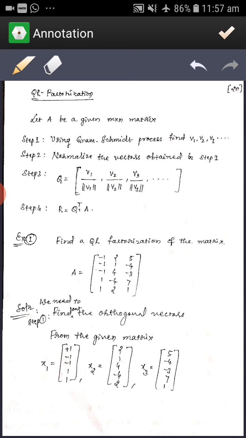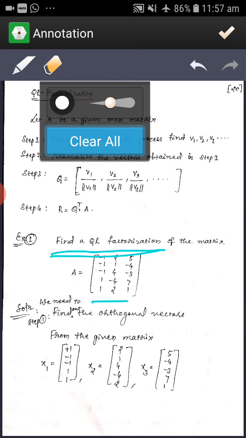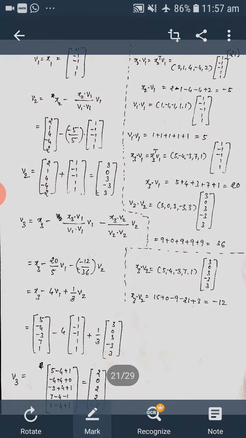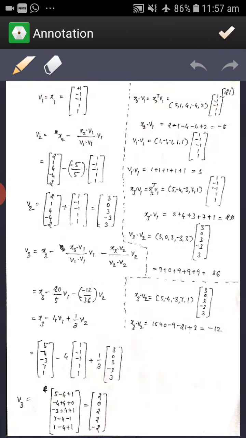Let us take an example. Find the QR factorization of the matrix A. This matrix has three columns, which act as x1, x2, x3. Using these we need to calculate v1, v2, v3. v1 is the same as x1, for v2 we apply this formula, and for v3 we apply this formula.